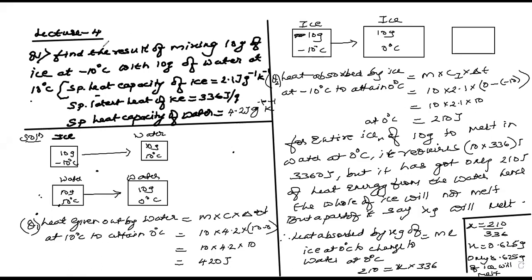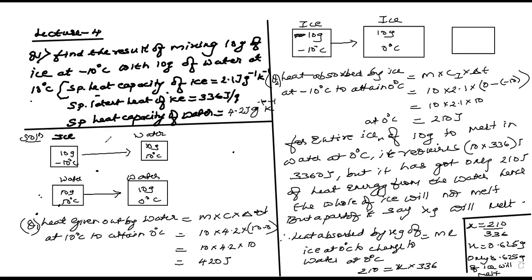So I hope everybody understood it. Please try to understand, I'm trying to make it easy. Find the result of mixing 10 gram of ice at minus 10 degrees Celsius with 10 gram of water at 10 degrees Celsius. Specific capacity of ice is 2.1 joules per gram per Kelvin. Specific latent heat of ice is 336 joules per gram. Specific heat capacity of water is 4.2 joules per gram per Kelvin.